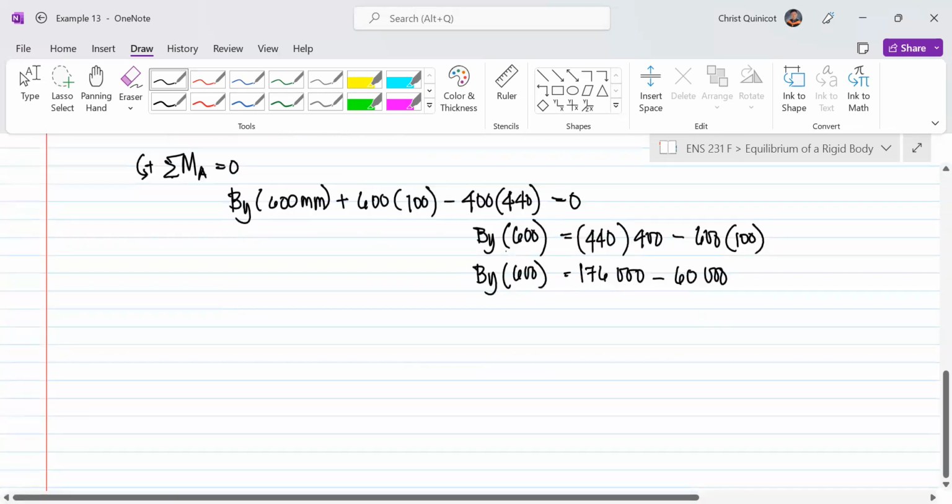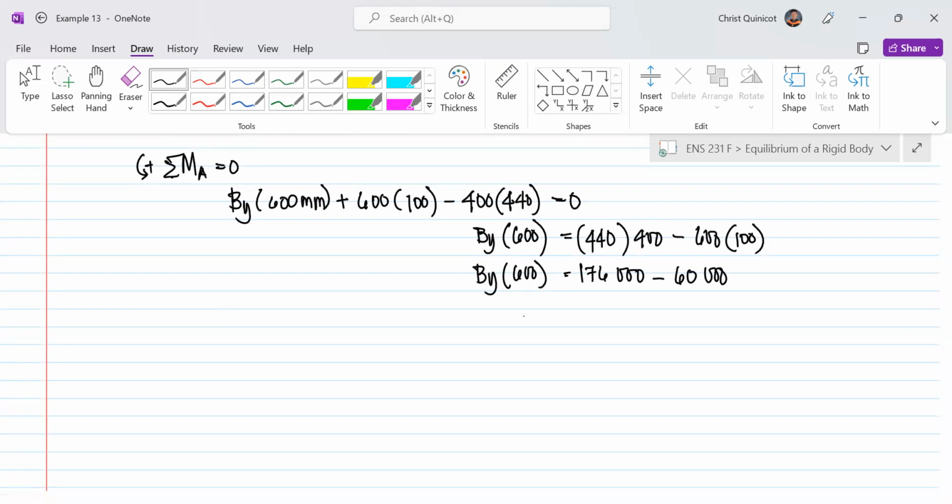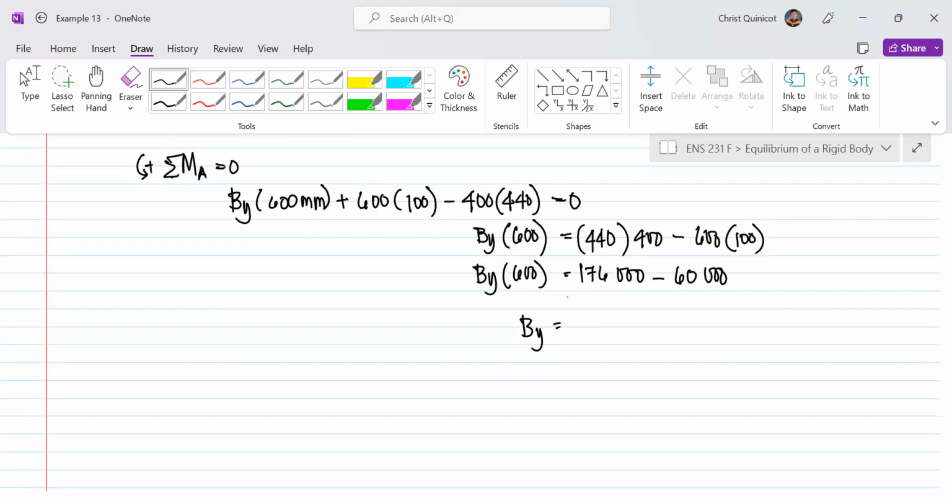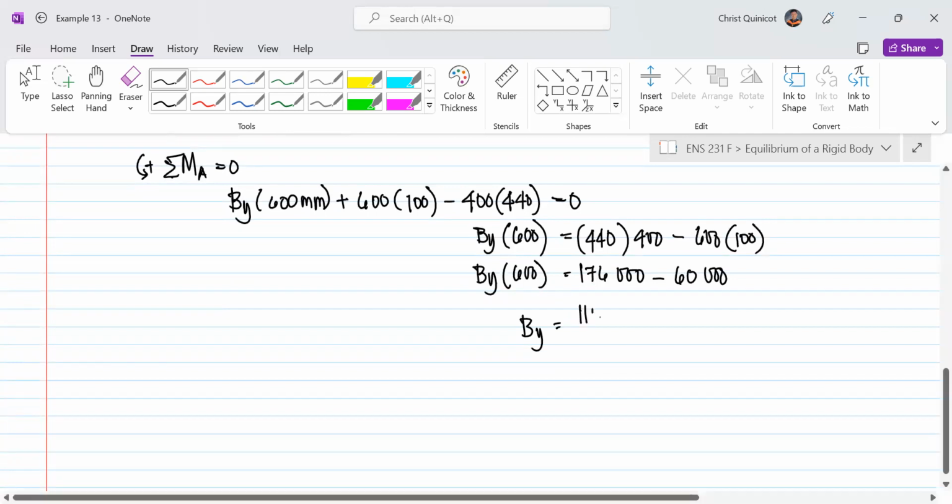Then we divide both sides by 600 and subtract 60,000 from 176,000. That is, B sub y is equal to 116,000 divided by 600.